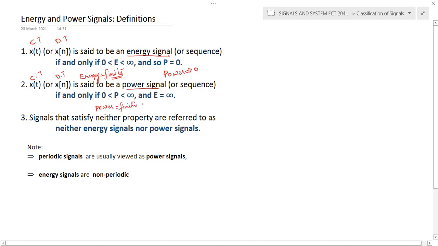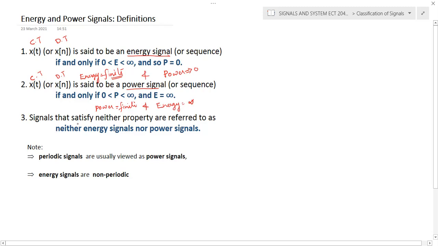And in this case, energy should be equal to infinity. So that is the difference. In both cases, power or energy is finite, but in an energy signal, power should be 0, and in a power signal, energy should be equal to infinity. So these are the conditions of energy and power signals.